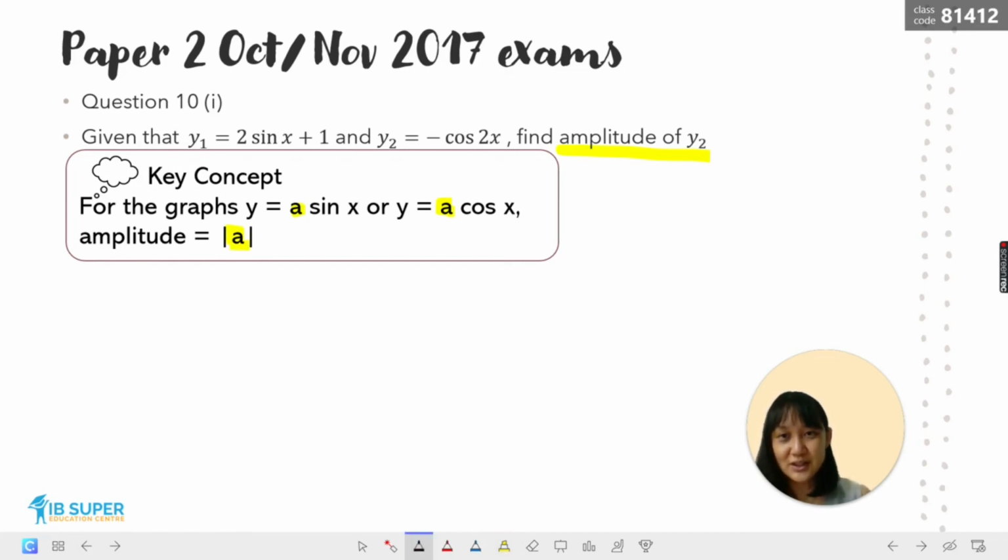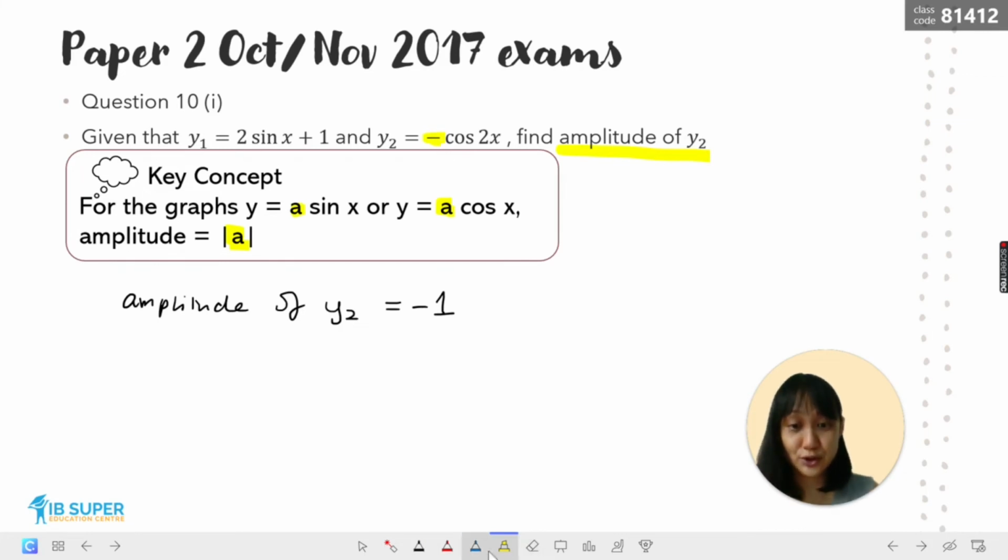A lot of students, when asked to find the amplitude of y2, think that it's actually negative 1 because of the minus sign in front of cos 2x. That is not true. It's not negative because it's actually a modulus. So everything inside is made positive. Therefore, it's actually positive 1.